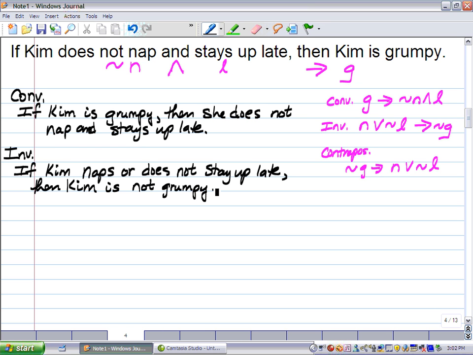Again, does not mean the same thing, because we said if she doesn't nap and does stay up late, so we didn't say anything about what would happen in the opposite case. Possibly the same thing, maybe something different.